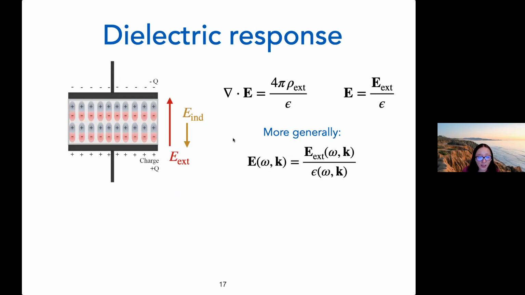If we have just a dielectric material, essentially we'll have some induced electric field, which will screen the external field. So the total field will be the external field divided by the dielectric constant in the homogeneous case. More generally, I'm going to consider a dielectric function which depends on both frequency and momentum, which I can write in Fourier space.